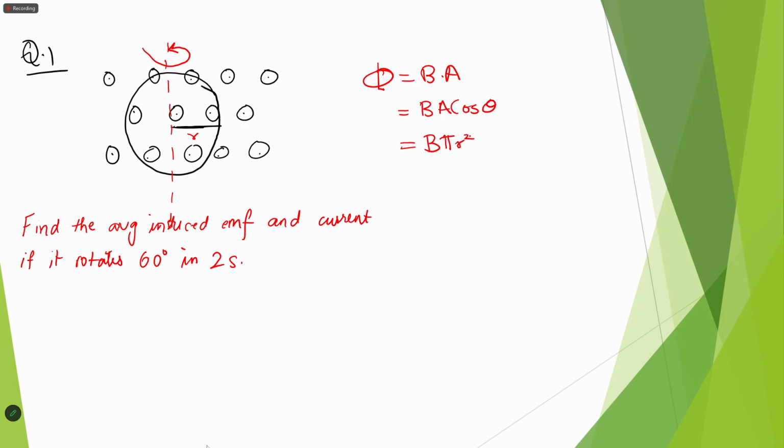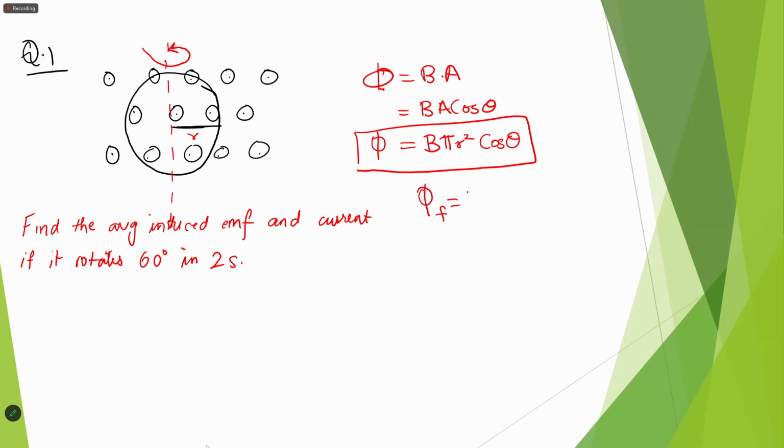Now, what is the cosine of angle at this point? It goes from 0 to 60. So for flux initial and flux final, it is going to be different. Let's keep it like this for now, and then do it separately for final and initial.